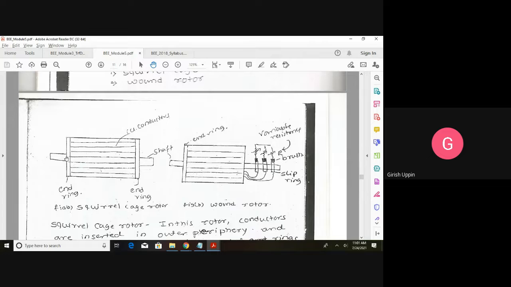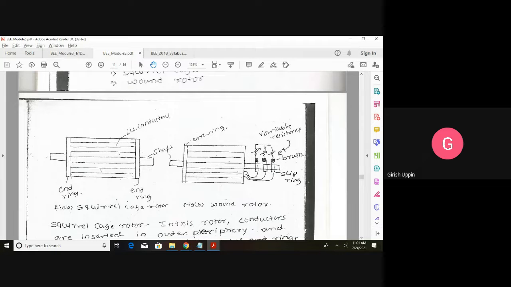At the two ends you can see the end ring. And what is this end ring? It is just a ring of copper which will connect all these conductors. So this end ring will make contact with all the conductors on this end. Basically it will short circuit all these conductors, and the other end ring will short circuit all these conductors.